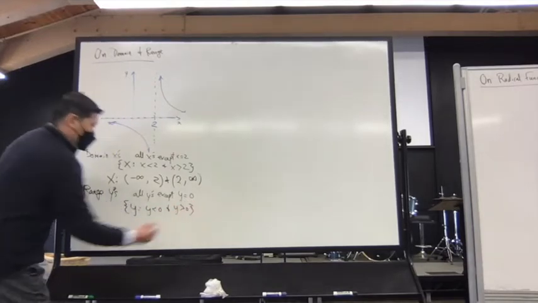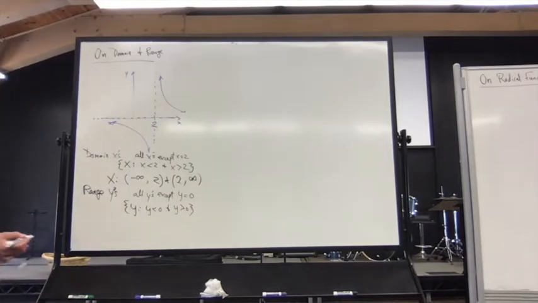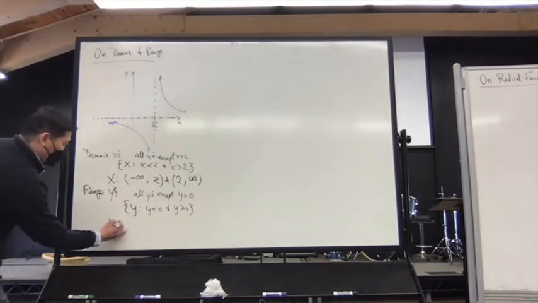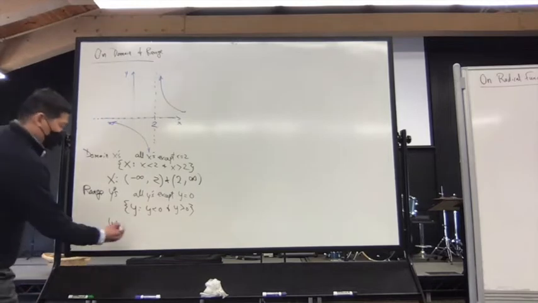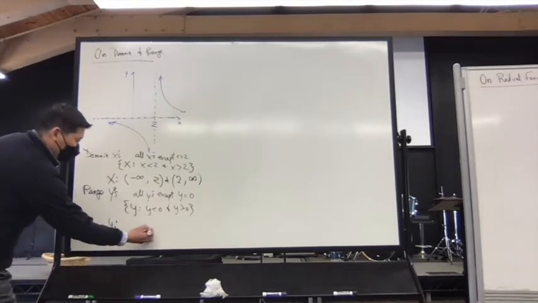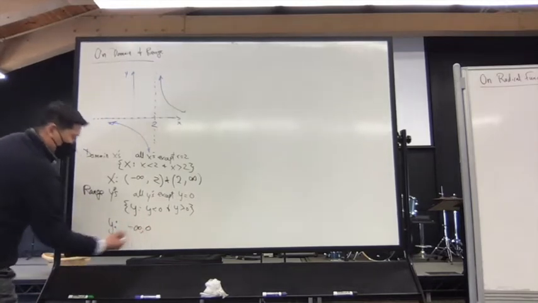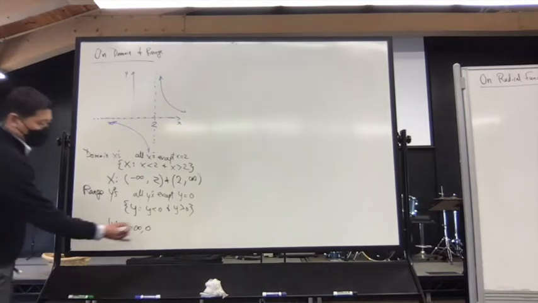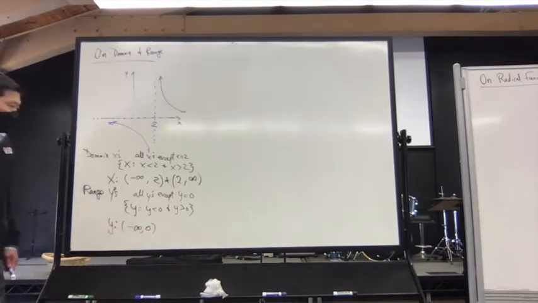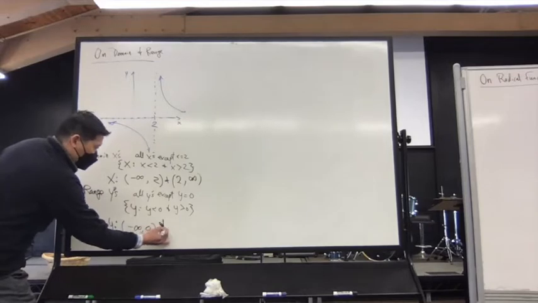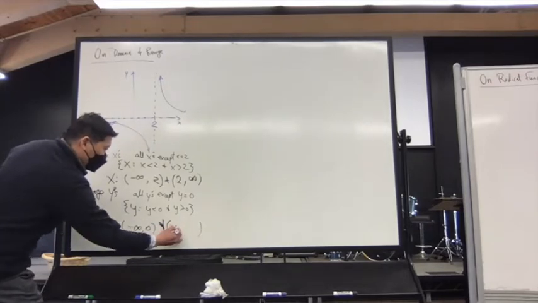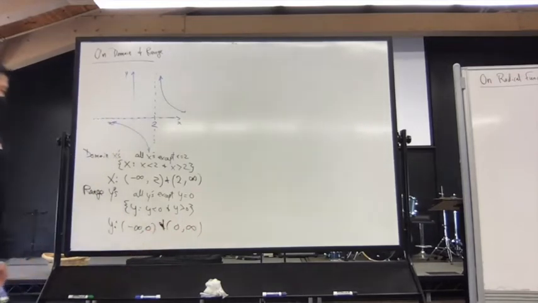That's one way to write it. Another way is y such that y is between negative infinity and 0, with parentheses around it, and then another one, which is 0 and positive infinity. So now you have domain and range.